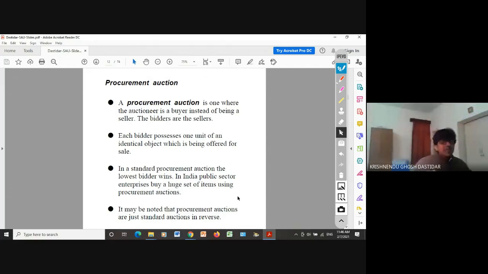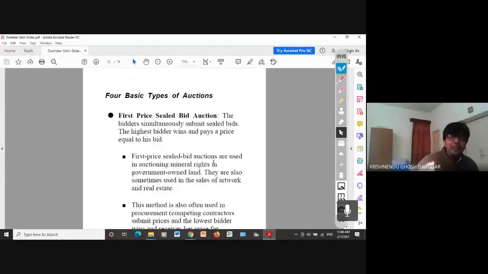Now, all over the world, historically speaking, four basic types of auctions are used. Let me talk about that. The first is called the first price sealed bid auction. What is this? There is one indivisible unit up for sale, and suppose there are 100 bidders.